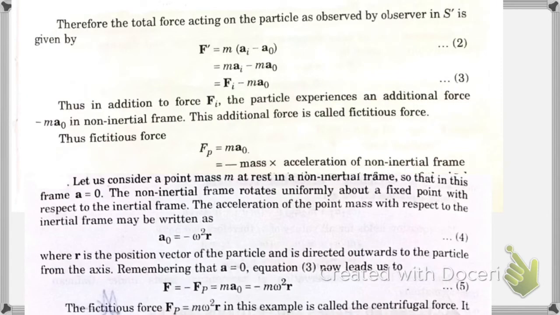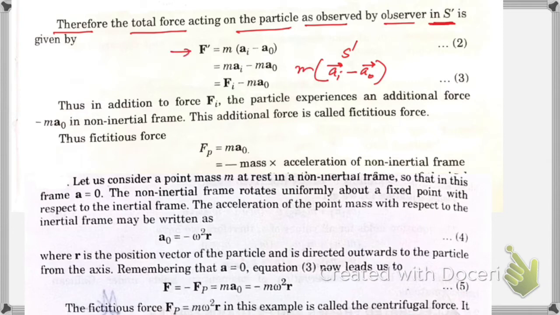Now you see, therefore the total force acting on the particle as observed by the observer in the system S dash. Because relative to S dash we have got acceleration a i minus a naught, right? So this is the acceleration. If you multiply here mass, then you will get the force F dash, right? So this force will be observed by an observer in the system S dash.